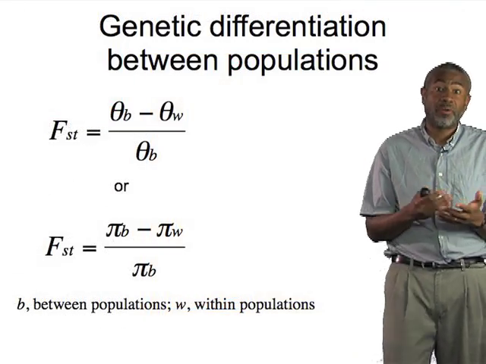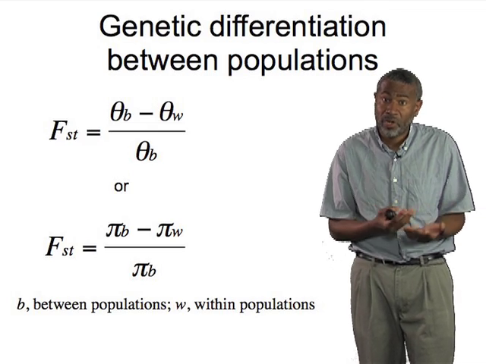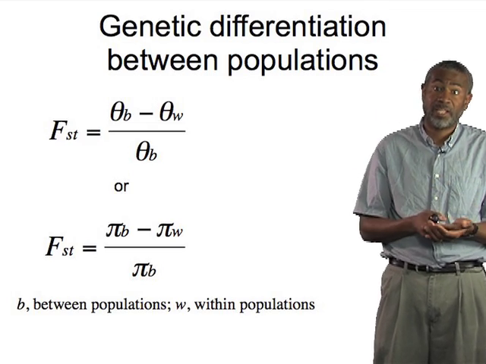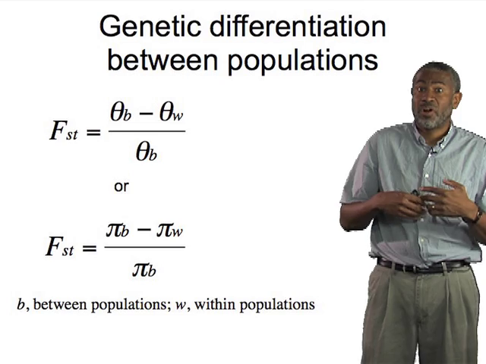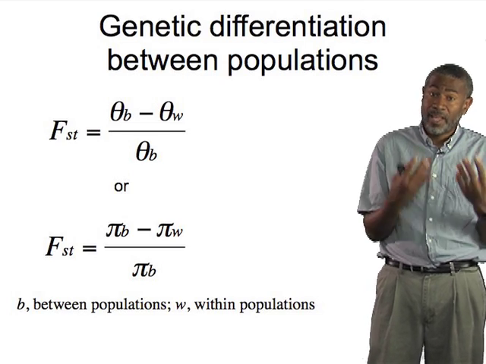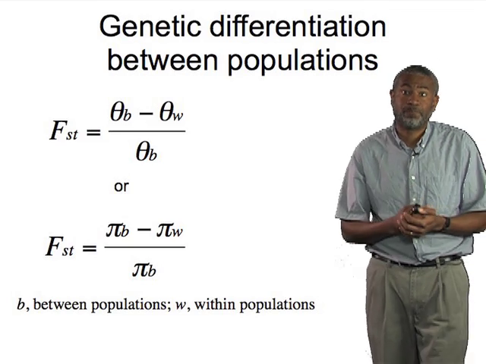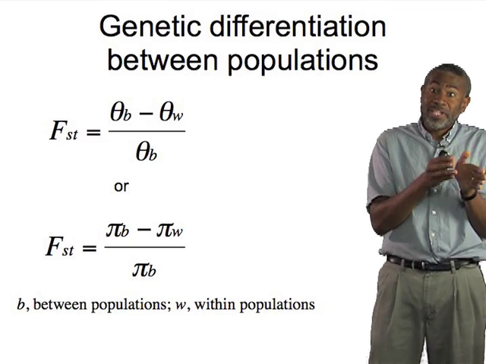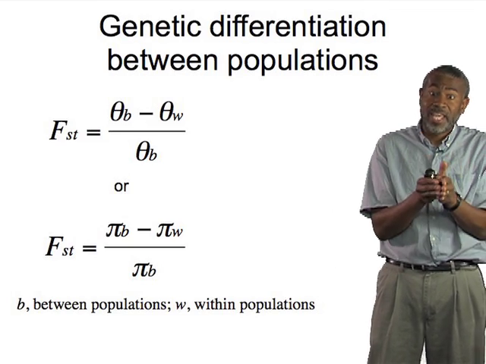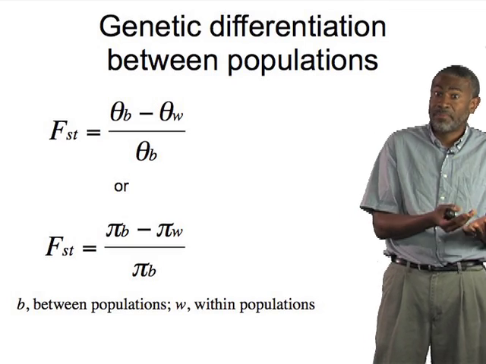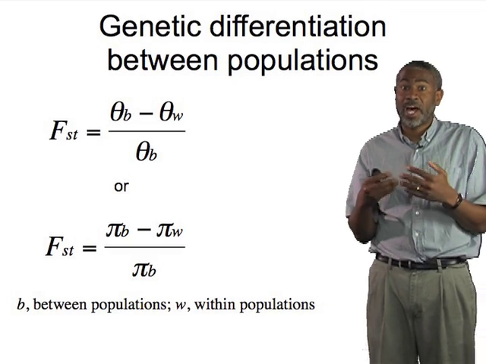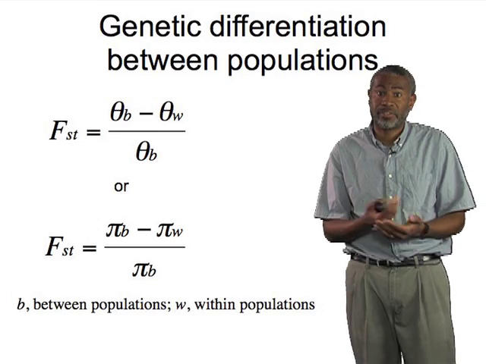Let's talk about another measure of genetic variation, and that is FST. FST is what's called a fixation index developed by Sewall Wright in the 1930s and 40s. We can use our measures of genetic variation, theta or pi, to estimate FST. In this case, we've got multiple populations.